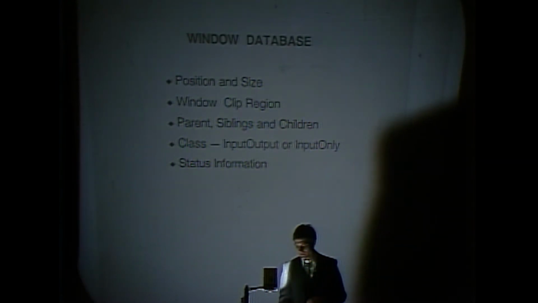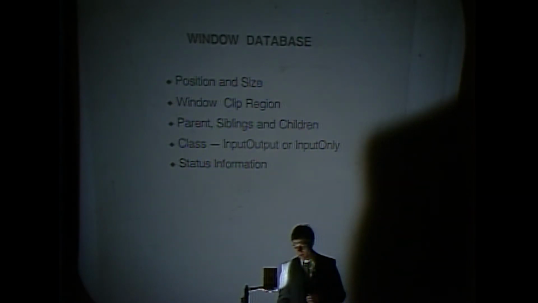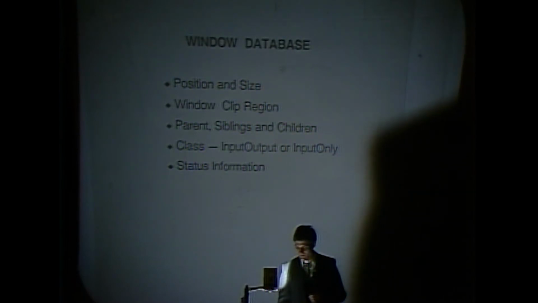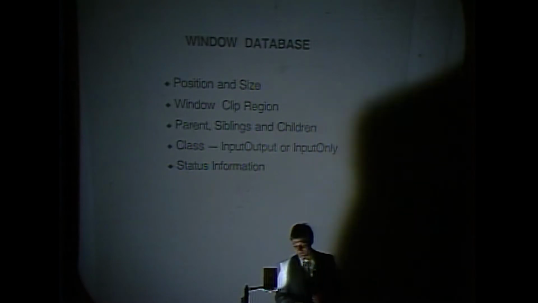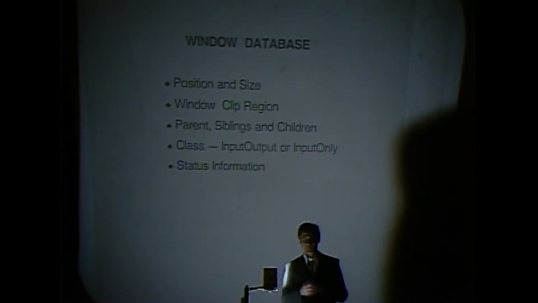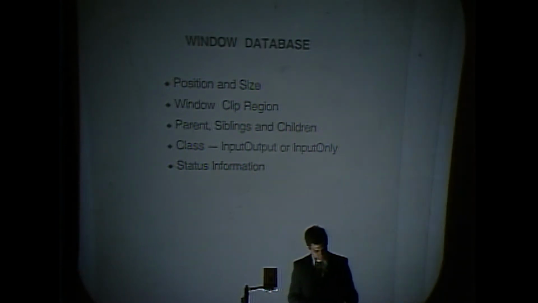Parents, siblings, and children: you can have an X window as a parent of a Y window and vice versa. The class, input/output or input only. This determines how the clip region is computed. And status information, such as flags like exposed, obscured, mapped, and also an indication of whether the window has been changed recently. For example, a flag that tells you whether the position has changed.